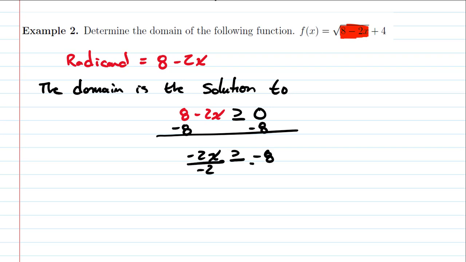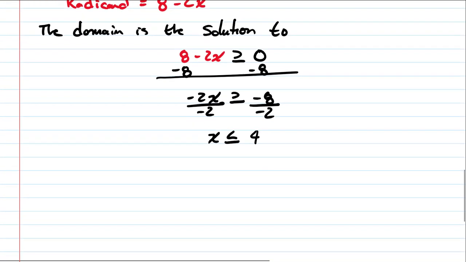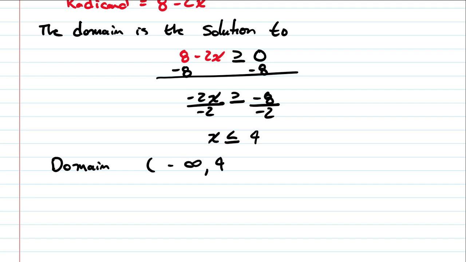We divide by negative 2, divide by negative 2, and we get x is less than or equal to 4. Reverse the inequality because we divided by a negative number. So then our domain would go from negative infinity up to and including the number 4.